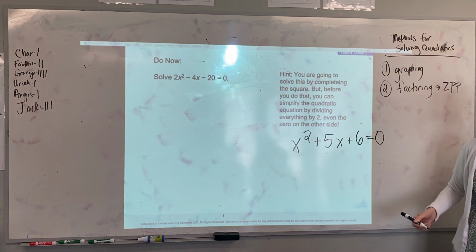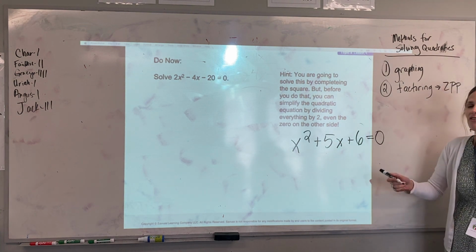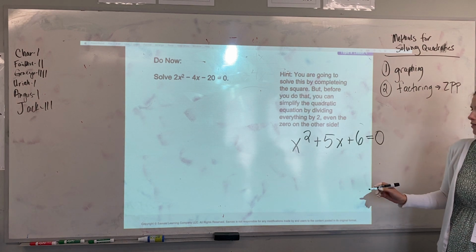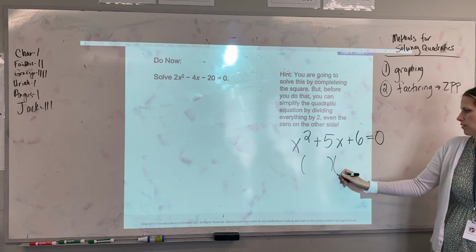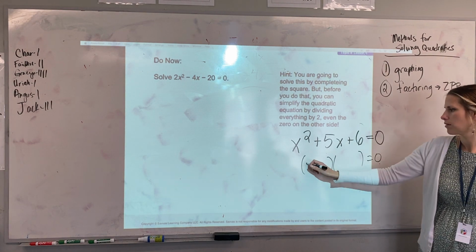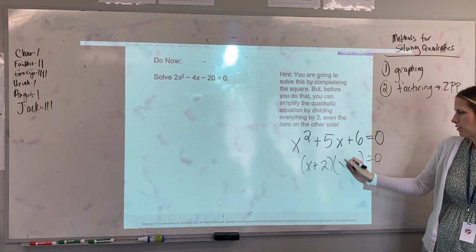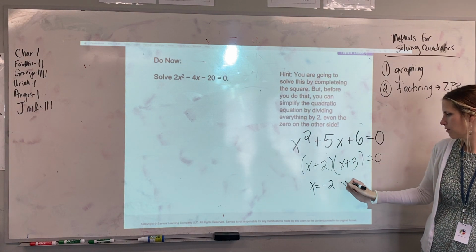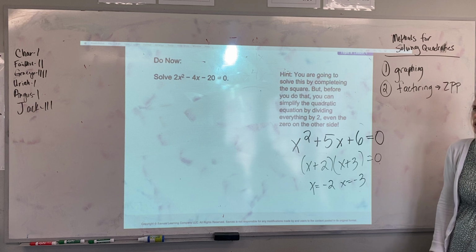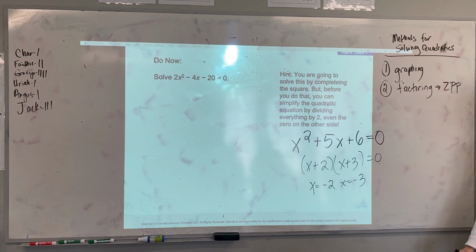Factor it. X plus 2, X plus 2. Boom, solved, factored, done. Factored, zero product property, solved.